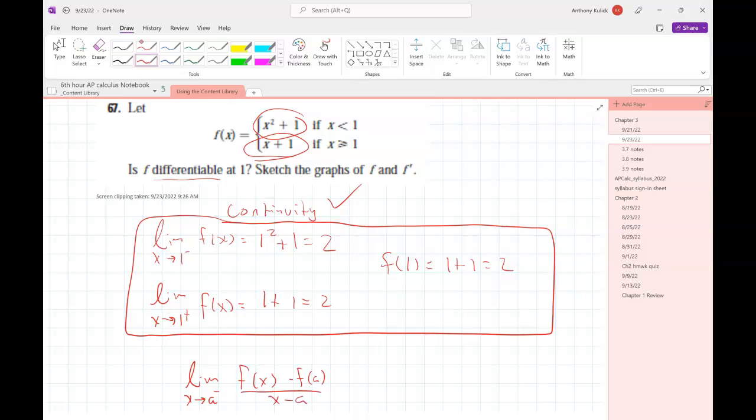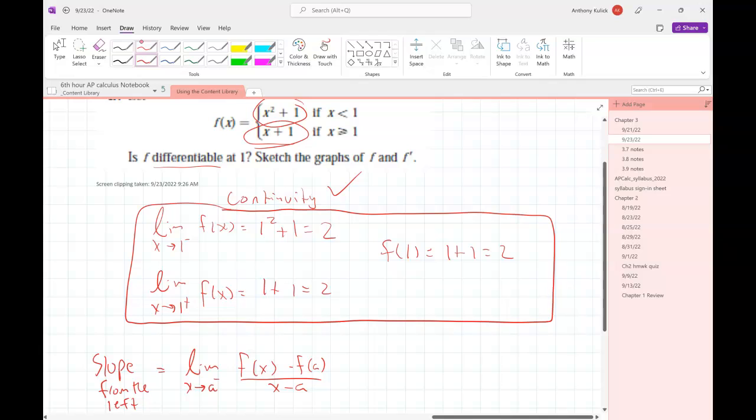That's the slope from the left. Well, the derivative there is just 2x, right? So the slope there is 2.